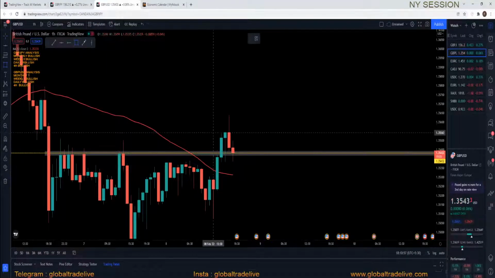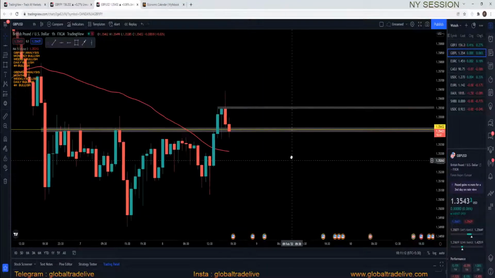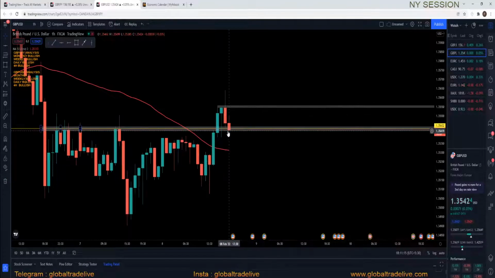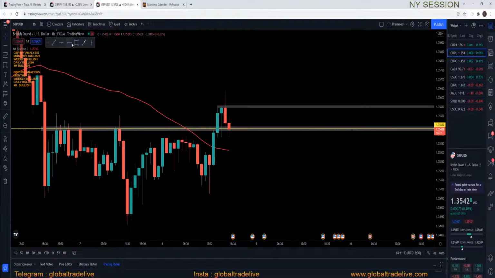So for now this is a resistance for me. If we talk about sells perspective in the 1 hour, then if a candle closes below this area, and the next candle breaks this low, we might take a sell entry over here, because the range becomes 14-15 pips.